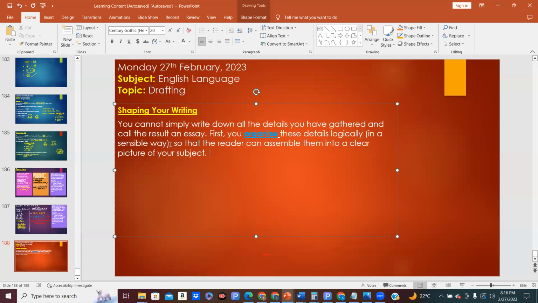So you can't just write down all the information that you have and say, okay, well, that's an essay. No, you must first organize them in a sensible, logical way, in a way that makes sense, so that the reader could understand what you're saying and really get a good grasp of the subject that you are talking about.